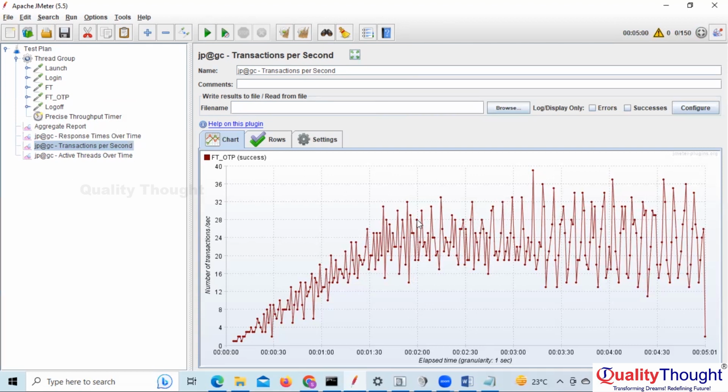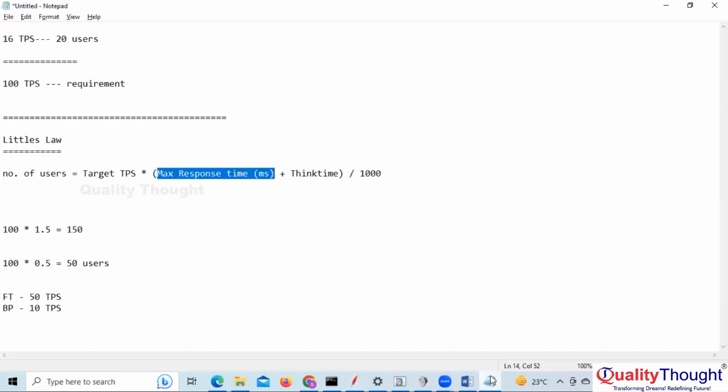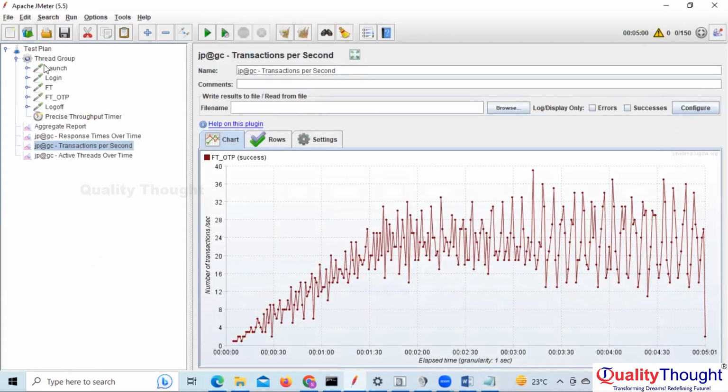But we multiplied with 1.5. Oh, this is for overall, right? Overall, yeah. So the overall transaction response time was 500 milliseconds.